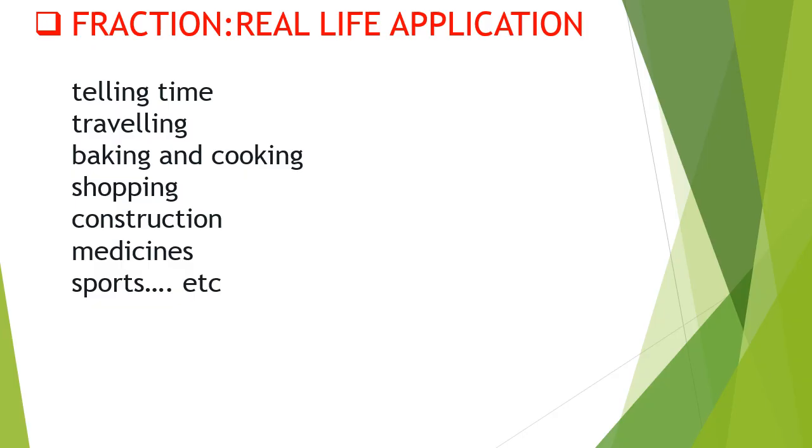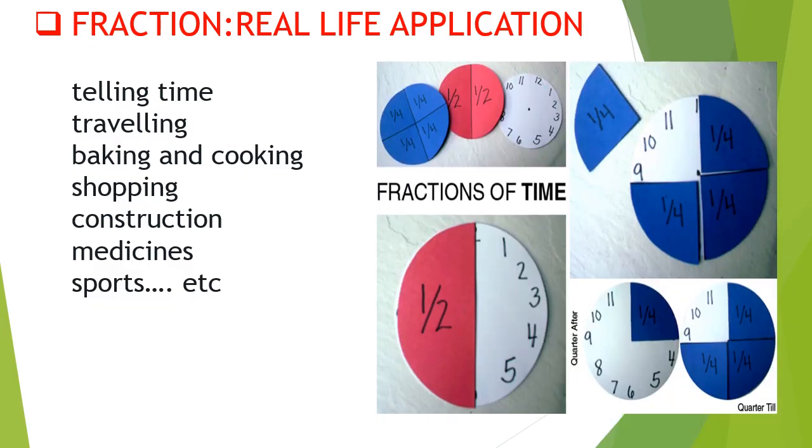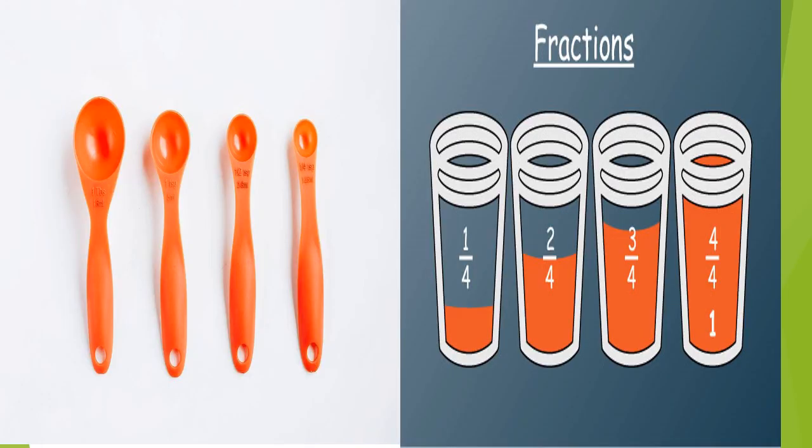So you understood that fraction is something which is related to our everyday life, and the examples are endless and they are very important. They surround us and they impact everything around us, like the pictures that you can see: fraction of time, half. Now here the picture shows the different measurements of spoon that we use in the kitchen, right? Your mother uses different spoons while baking and while cooking recipes.